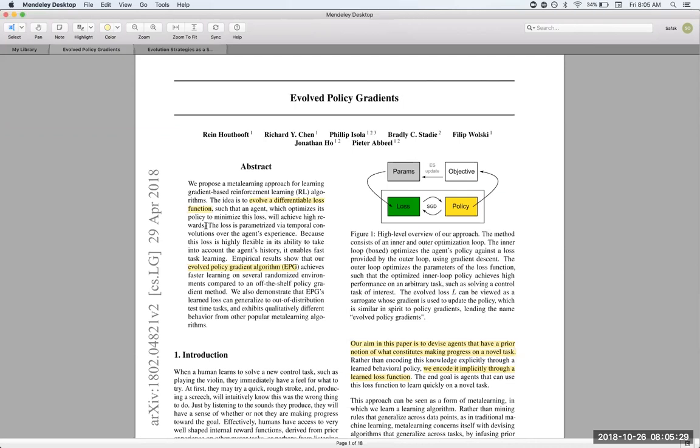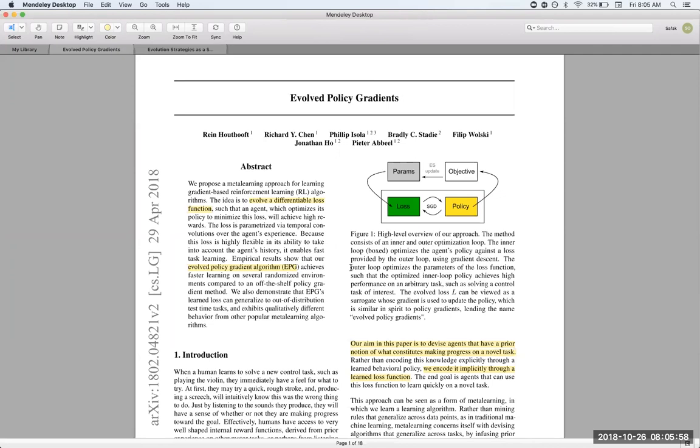So for a standard example like an Atari game, you have maybe only four basic actions. You just move right, left, up, or down. And given a state, maybe there's some ghosts chasing you or something, what would the agent do to survive? And that is encoded in the reward function.